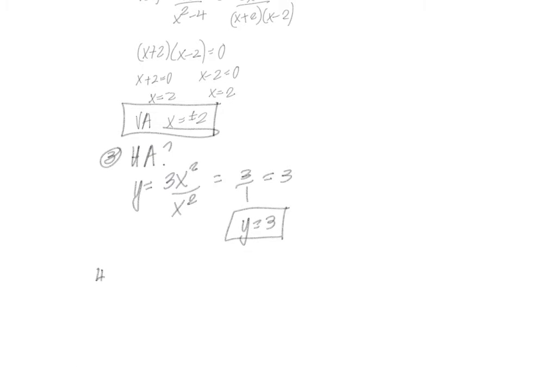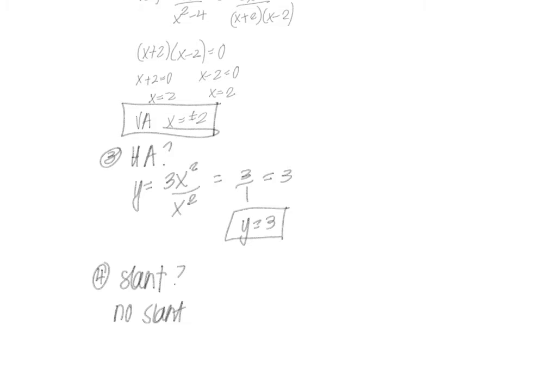Okay, step 4. The next thing I want to do is think about the slant asymptote. And there's not a slant asymptote because there was a horizontal asymptote. In order for there to be a slant asymptote, the degree of the numerator has to be 1 more than the degree of the denominator.